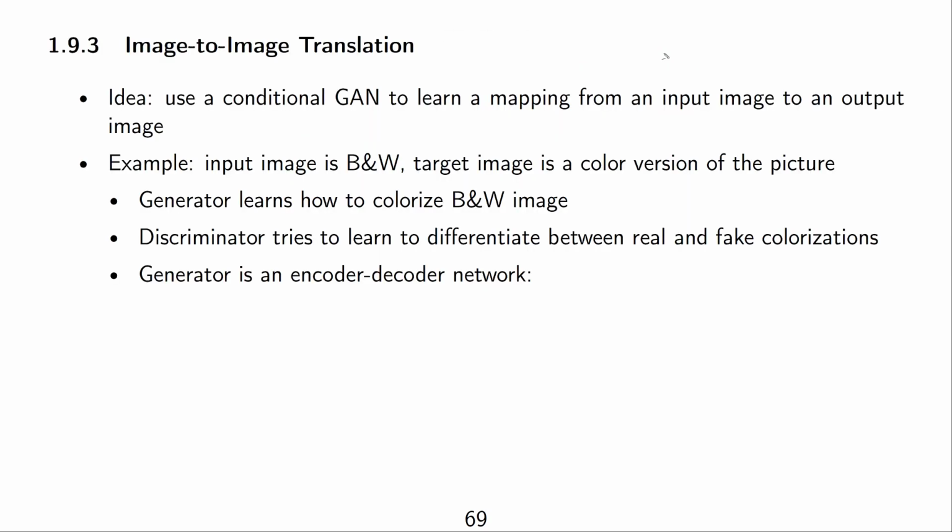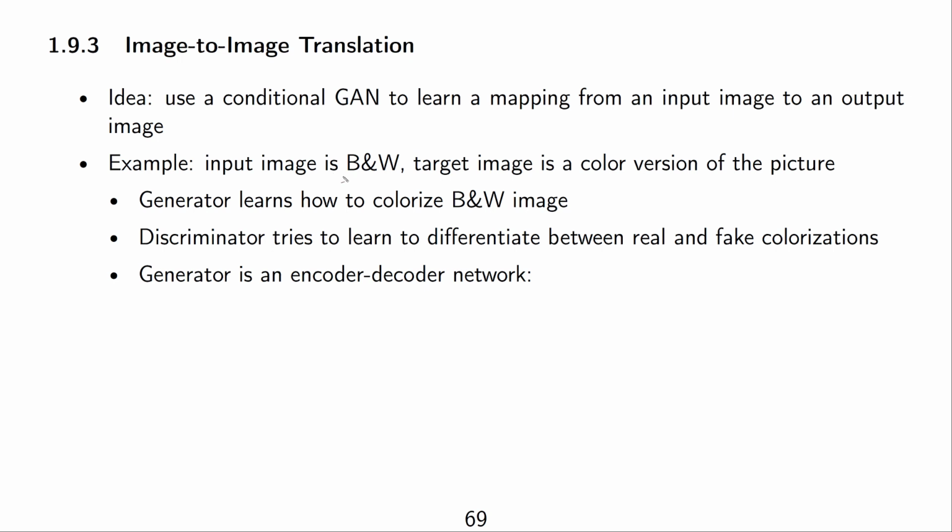A very important class of conditional GANs are GANs that perform image-to-image translation. These conditional GANs learn a mapping from an input image to an output image.